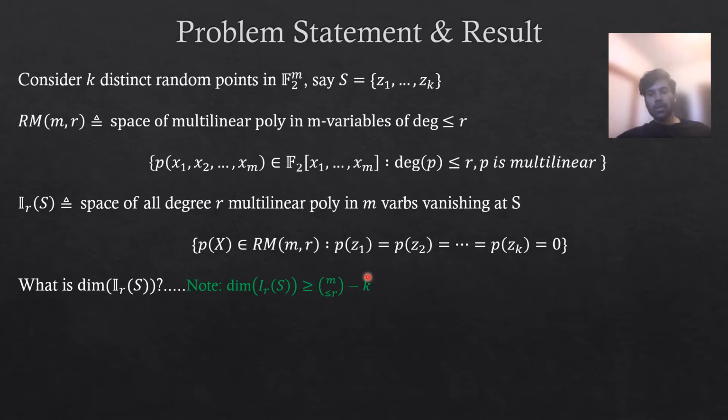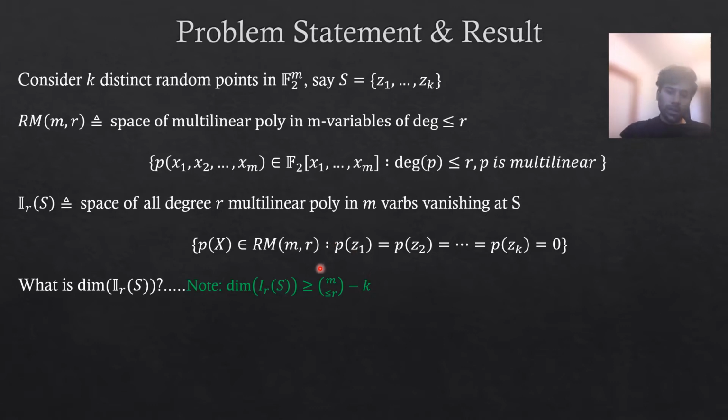Why can we say that? Because if you think about it, the Reed-Muller RM(M,R) family that we defined above really consists of M choose less than or equal to R monomials taking coefficients in F2. So its dimension is M choose less than or equal to R, right?